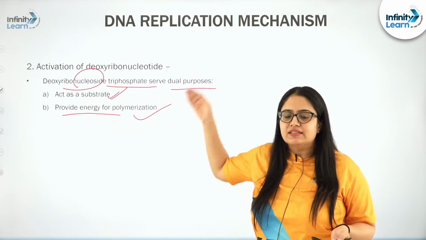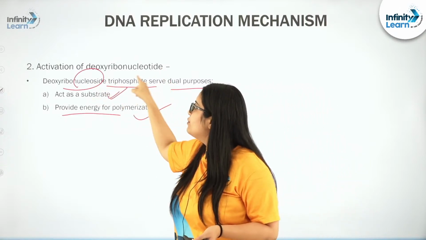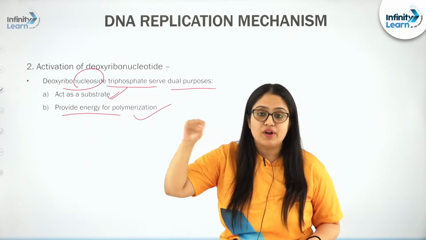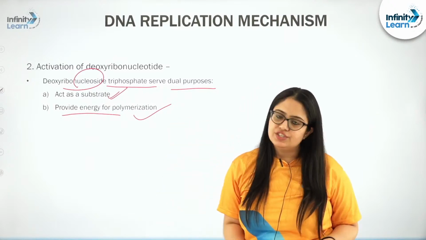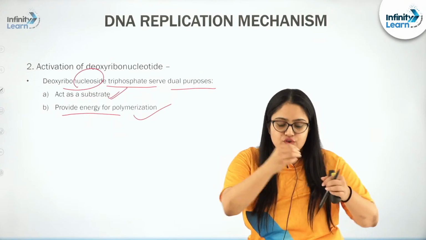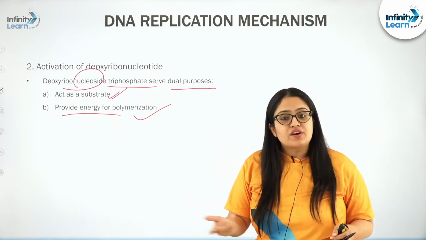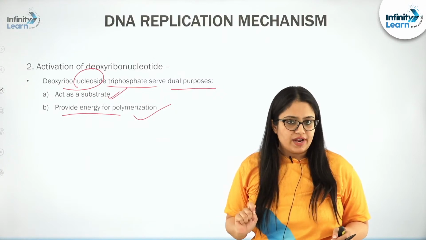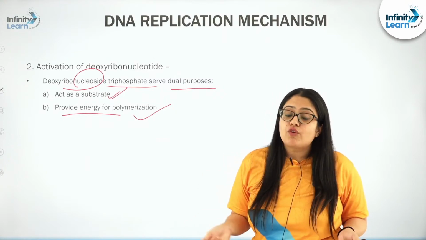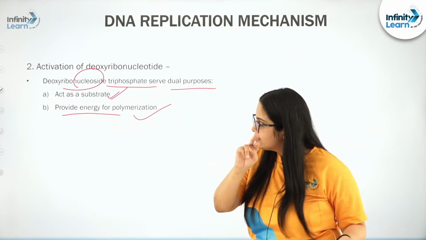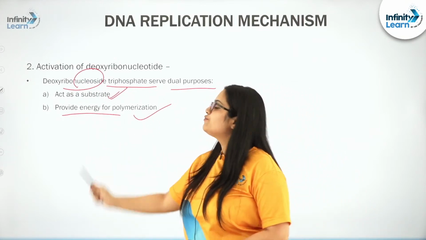So obviously the deoxyribonucleoside triphosphate form, first of all, will act as a substrate for polymerizing the deoxyribonucleotides, right? Because of these only the daughter DNA molecules will be made up. So first thing is substrate. Substrate for which enzyme? DNA dependent DNA polymerase, right?